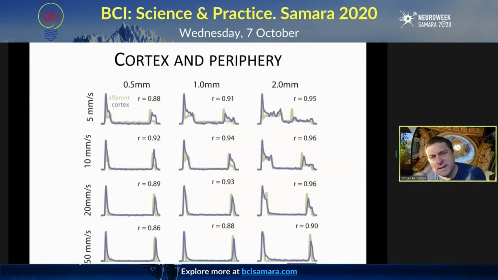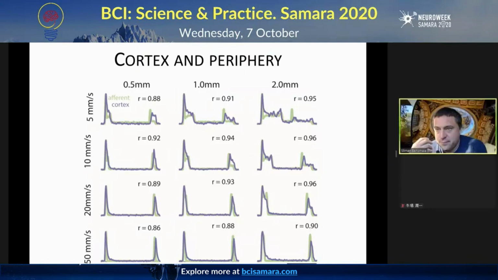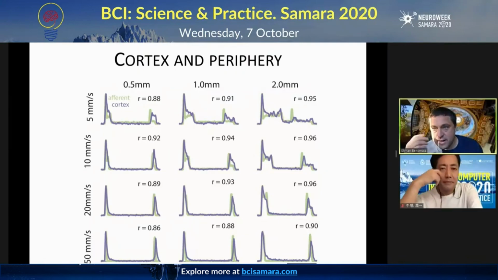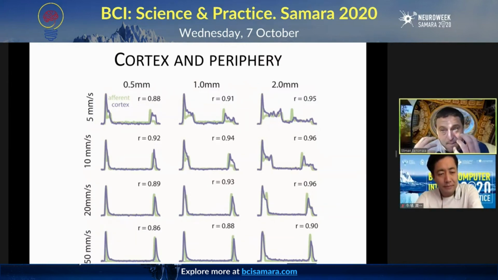The reason I went through this side story about peripheral nerve interfaces at a BCI meeting is because we published another paper this year or last, I forget, where we looked at contact events in the nerve and in the brain. We found that at the population level, the nerve activity mimics the brain activity. So the same exact model can be used for sensory feedback in the nerve as in the brain.